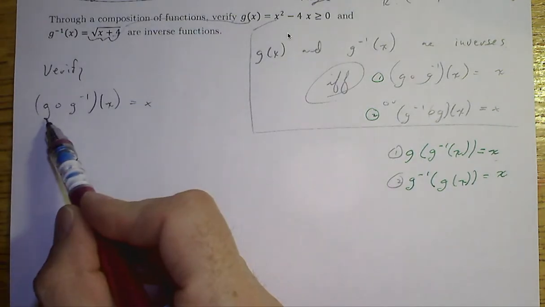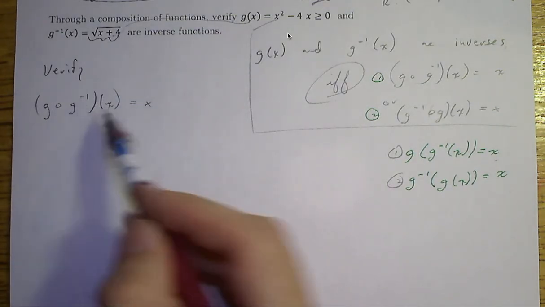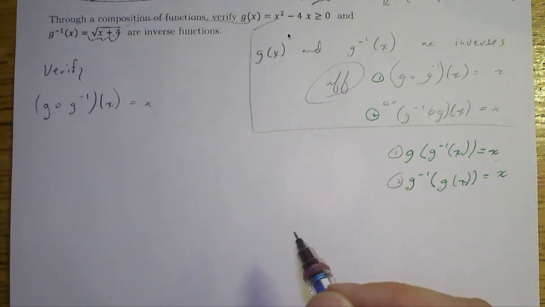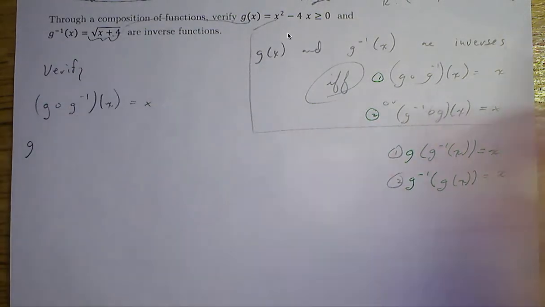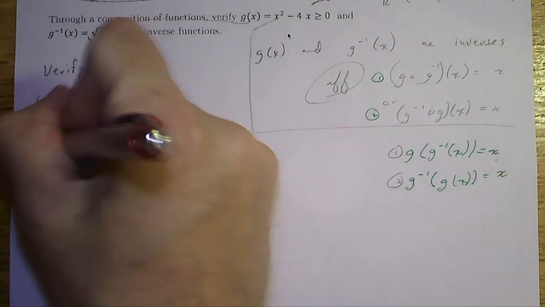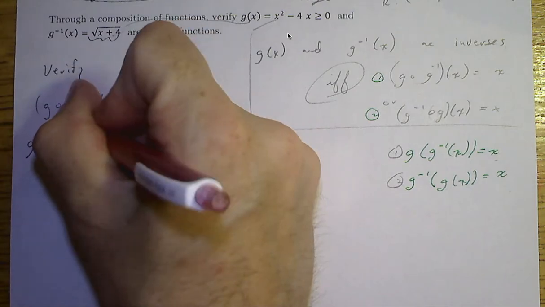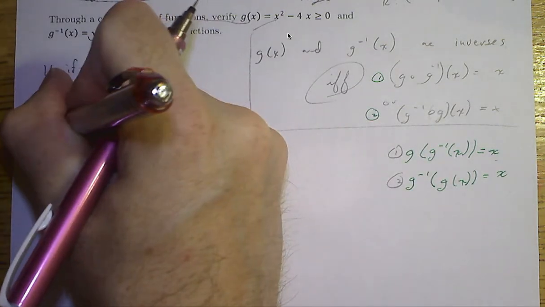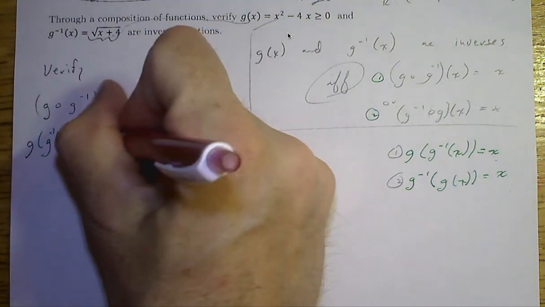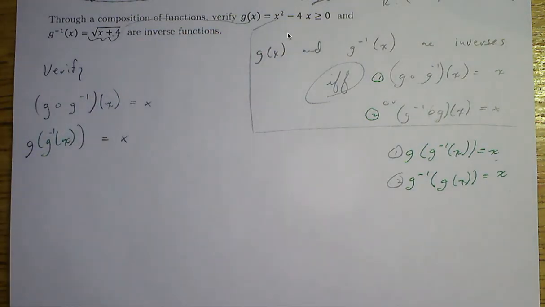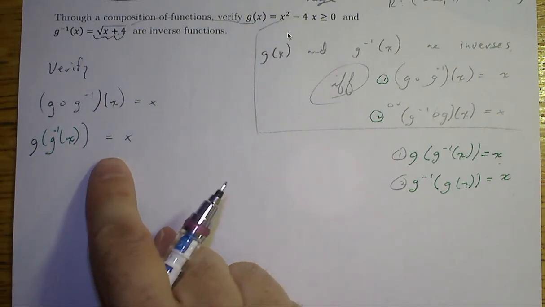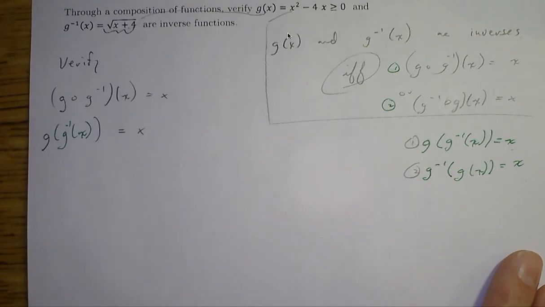So now g composed of g inverse of x, I'm just going to write that in another way. g of g inverse of x. Does this equal x? Question mark. This is not a true statement yet. This is what I'm trying to verify.